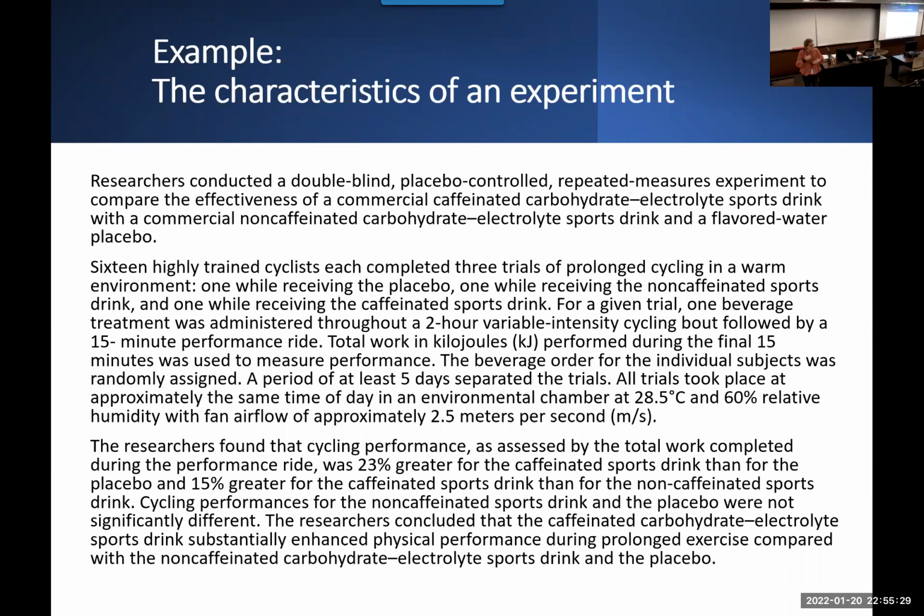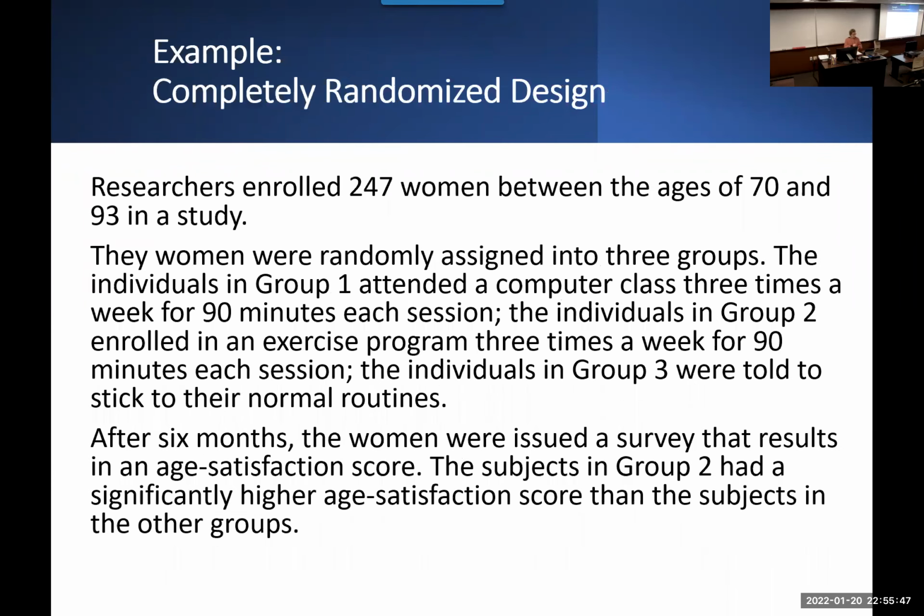So that randomization typically helps us to address any type of lurking or confounding variables that we might have. In essence, it's going to help average some things out, and we'll see what that looks like in just a second. Okay, so in this particular example right here, we have what we call a completely randomized design.